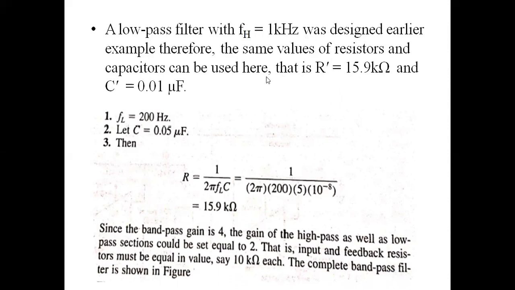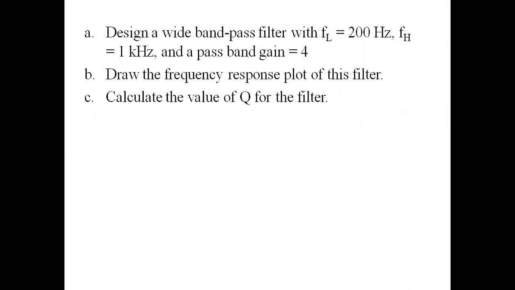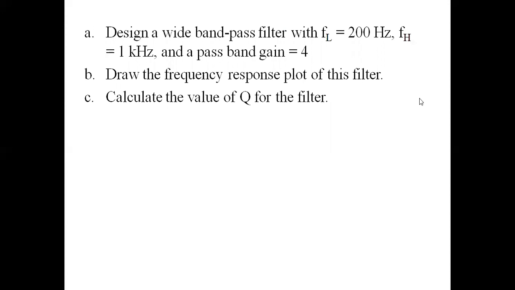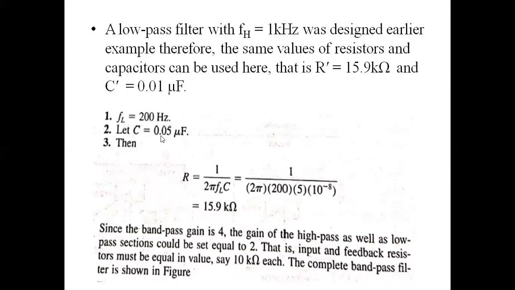In order to design the second section, that is when FL is equal to 200 hertz, let the capacitor value be 0.05 microfarad. I am calculating for the capacitor value of 0.05 microfarad.